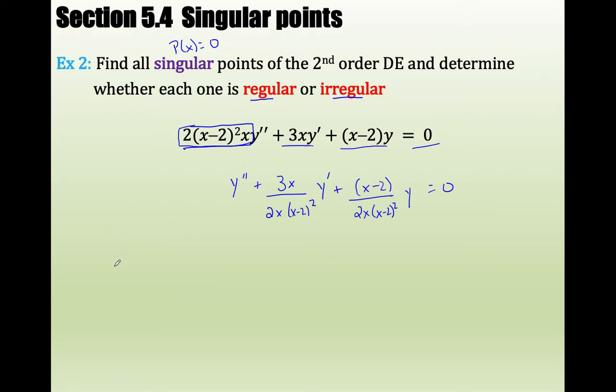So the first thing I'm looking at is what makes this, and remember I did divide here too, right? So I divided, and I'm looking at what x's create 0 in these denominators, and hopefully you can see that x equals 0 and x equals 2 are your singular points.